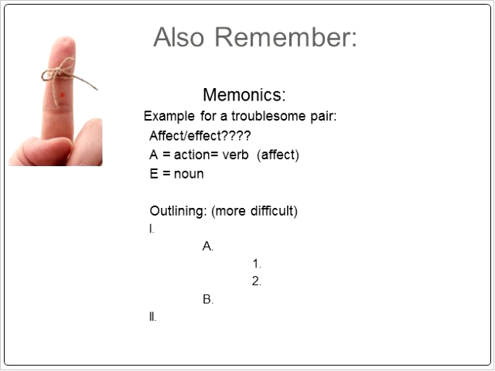Outlining is more difficult. We want to encourage the correct outlining format. We want to encourage learners to make sure if they have a Roman numeral 1, they have a Roman numeral 2. If they have a capital A, they have a capital B. If they have a 1, they have to have a 2.